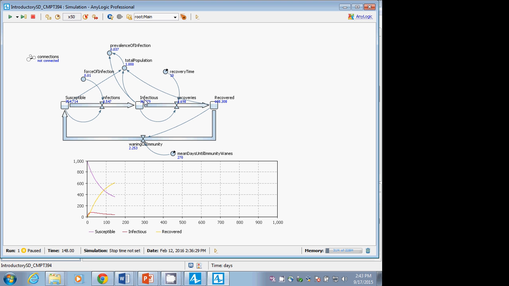Now, today, we're going to be expanding on this knowledge, and we're going to be talking about things that sit in three places in this model. To wit, this place here, and the number of infections, the number of recoveries, and the number of people who are over the rate of people who are getting infected, who are recovering, and who are waning in immunity.